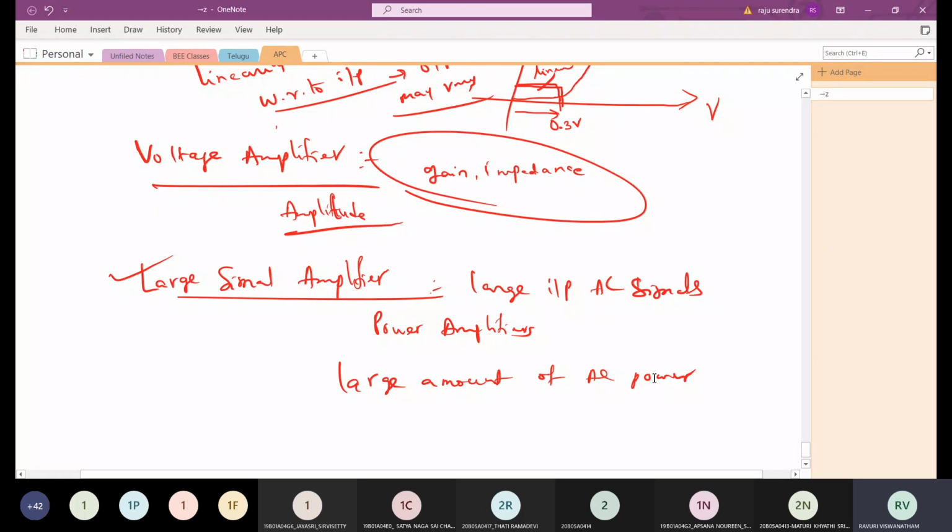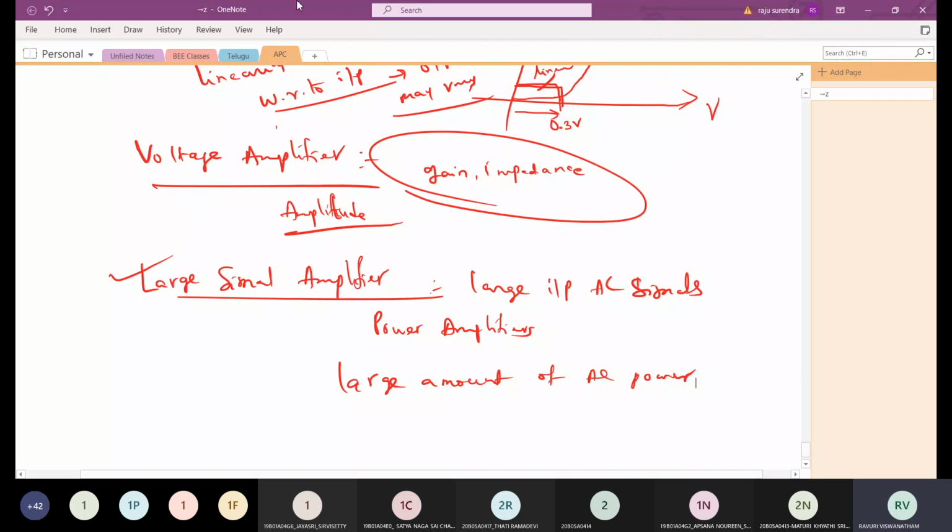That's why we are discussing power amplifiers. Almost 1 watt of power is large enough to provide these amplified signals to the output devices.